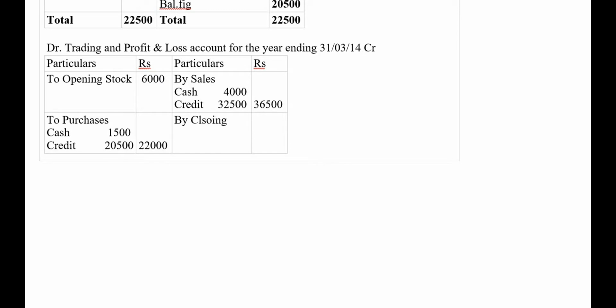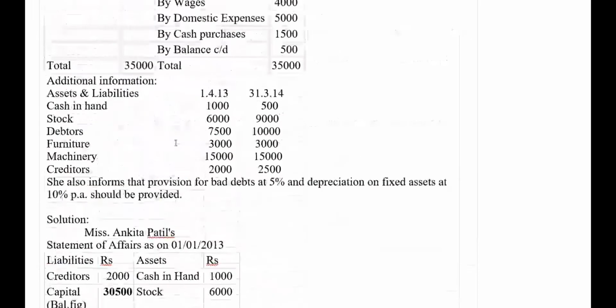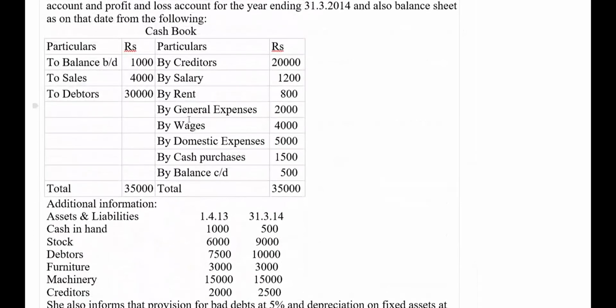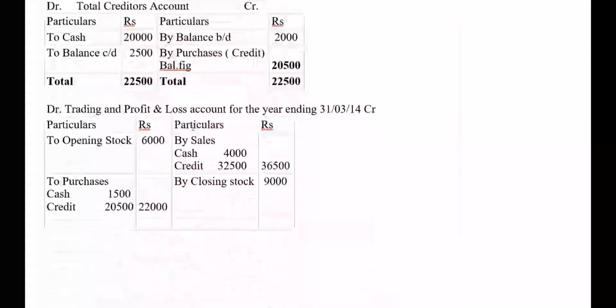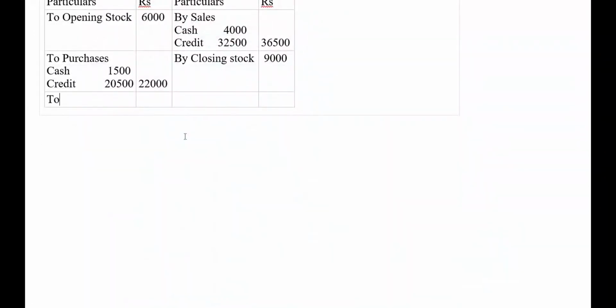By closing stock. So the closing stock is given as rupees 9,000. So now we need to ascertain which are other trading expenses. So when you look into the cash book here, we have wages. So to wages, rupees 4,000.